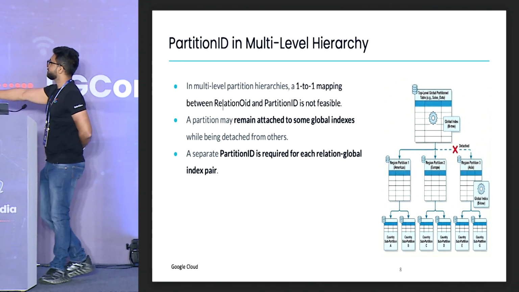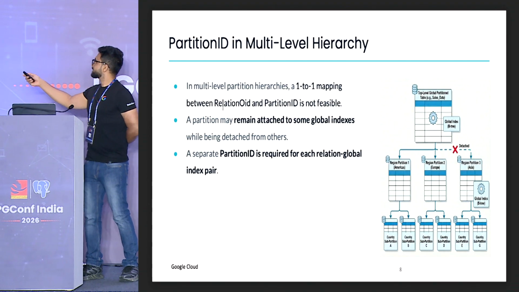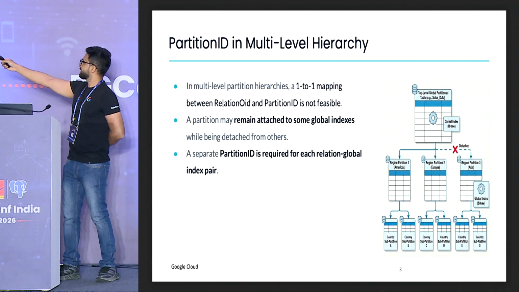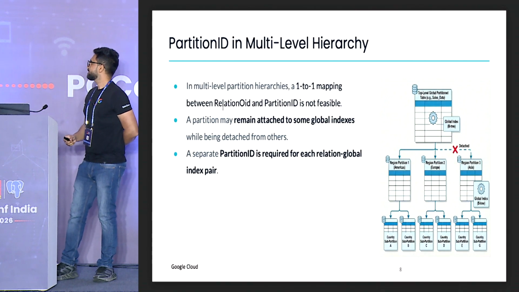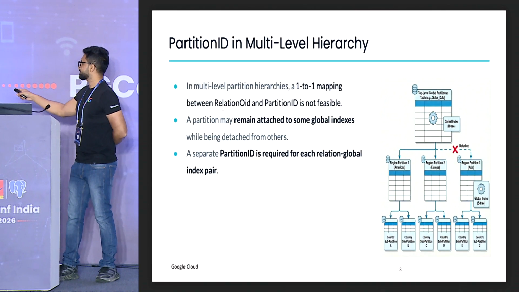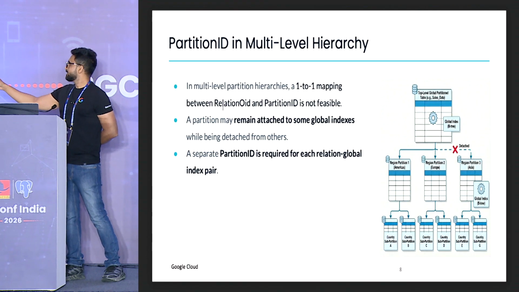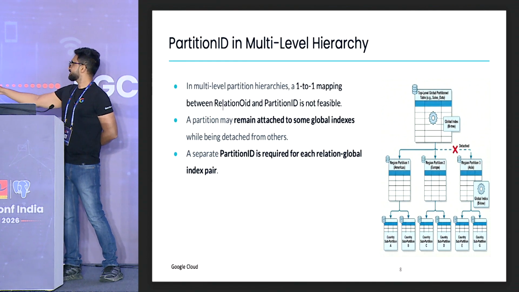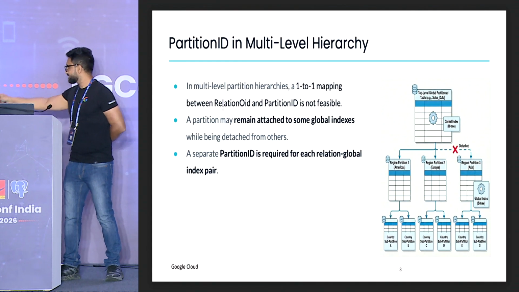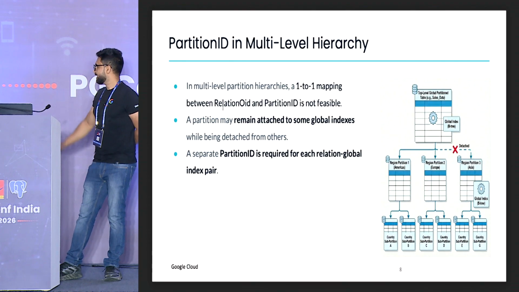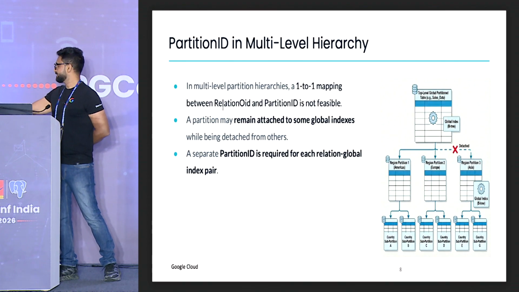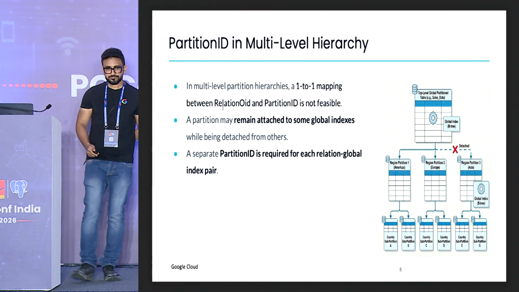If you see this diagram, we have a top-level relation which we are calling sales data. Under that we have three partitions for the different regions: America, Europe, and Asia. And under that again we have different sub-partitions for the different countries, E and G you can say.